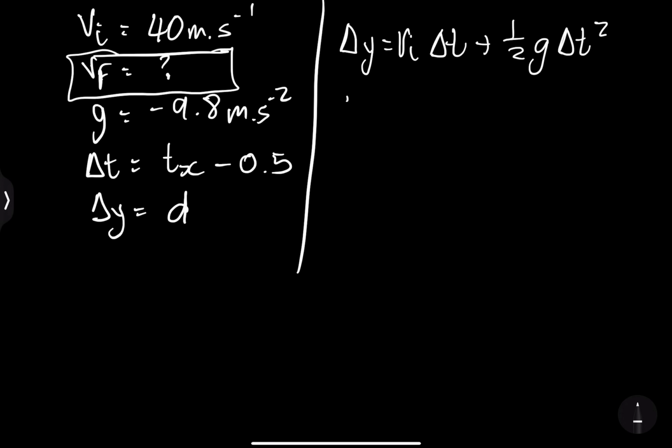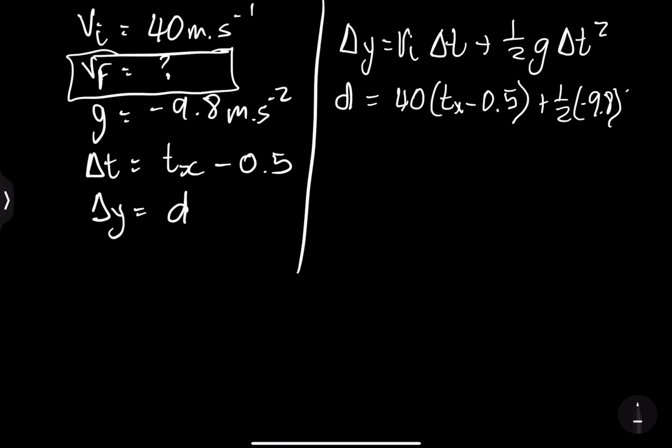So d is equal to 40 times (tx minus 0.5) plus 1 over 2 times negative 9.8 times (tx minus 0.5) squared.